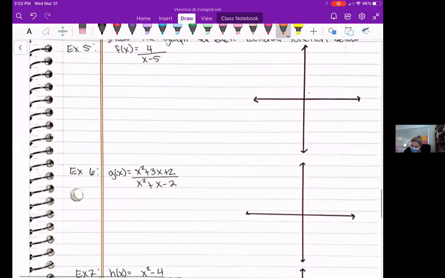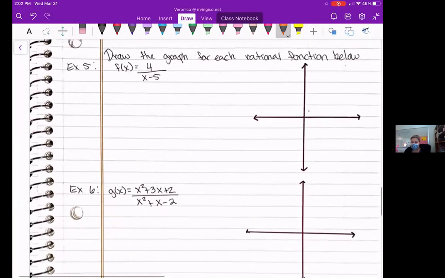For example 5, this is an easy one because my numerator is not a polynomial, it's just a constant, right? Let's start with the horizontal asymptote. What is the degree of my numerator? Zero. Okay, so the degree of the numerator is 0.